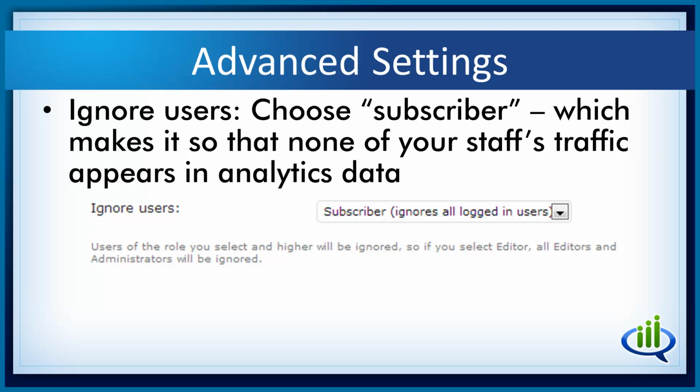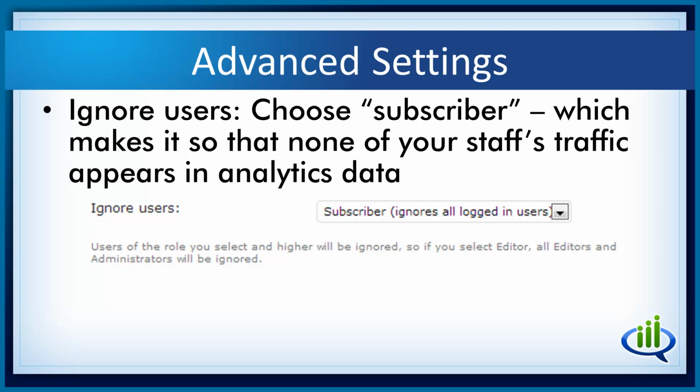What this enables you to do is to be able to say, all right, anytime anyone comes to my site who is logged in, so an administrator, a writer, an editor, anyone like that, I just want to ignore their data completely. And so you can choose which level you want to ignore, and you ignore everything above that level.